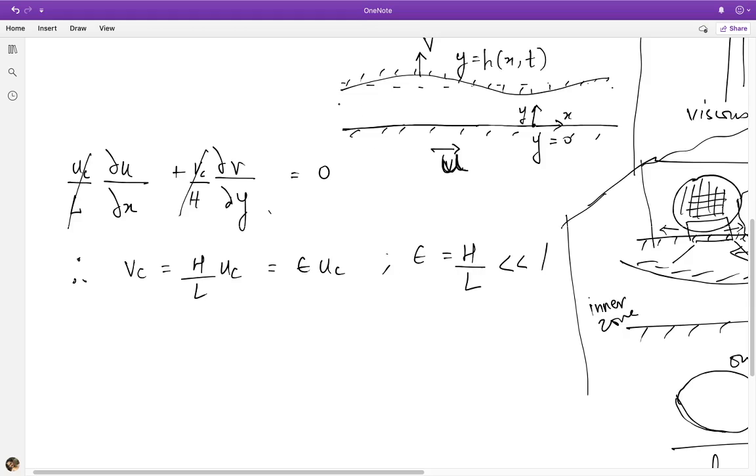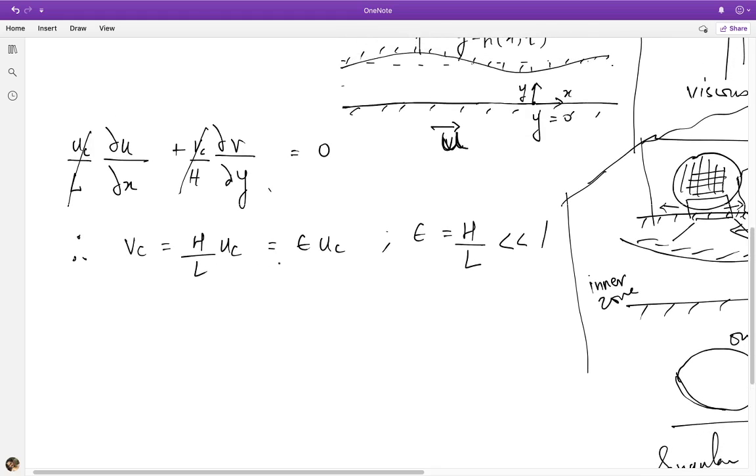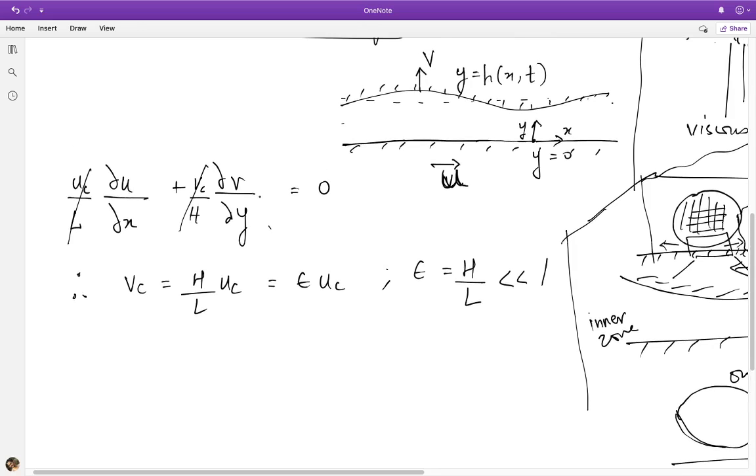Right, so the magnitude of the primary component of velocity, the horizontal velocity, is going to be much larger, by a factor 1 over epsilon, than the vertical velocity component. So this scaling incorporates that physical feature, leaving us with a scaled continuity equation which allows for the calculation of v, if only we could obtain u as a function of x. So let's bear that in mind.